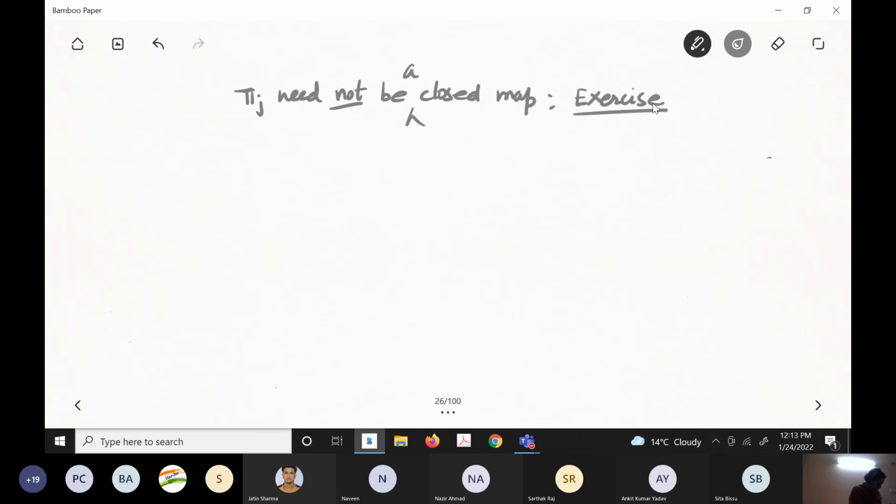This is easy to do. Take pi_1, the first projection, that means (x, y) going to x. Now look, if you take a closed set, right?